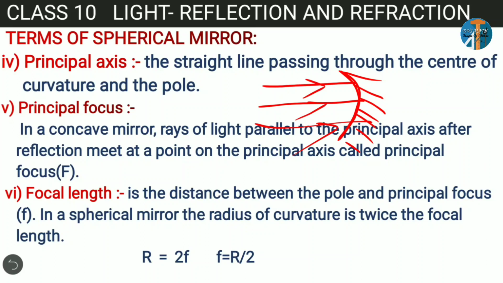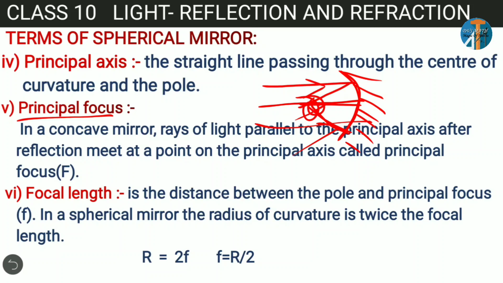So the light reflects back, and all the light rays converge and meet at one point. When light falls on the mirror, whether concave or convex, the main property of the mirror is that it reflects the light rays, and all these rays meet at one point. That point we call the principal focus.